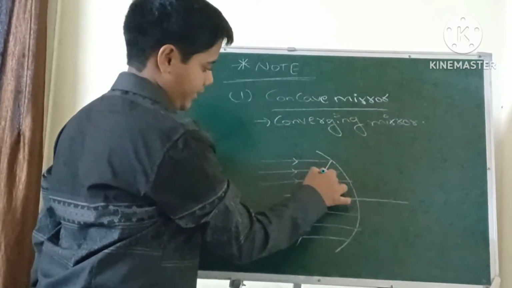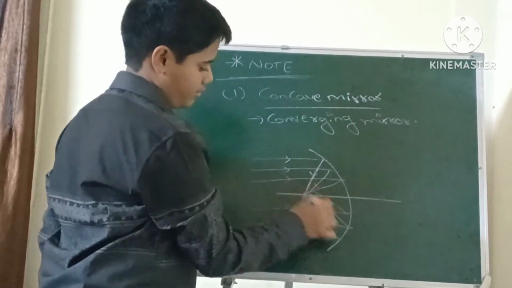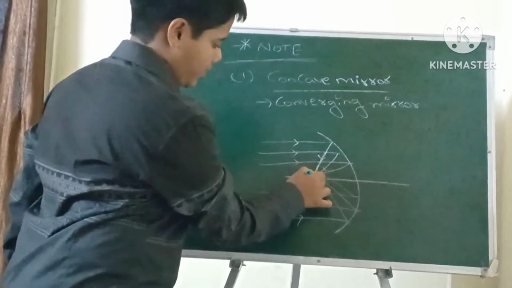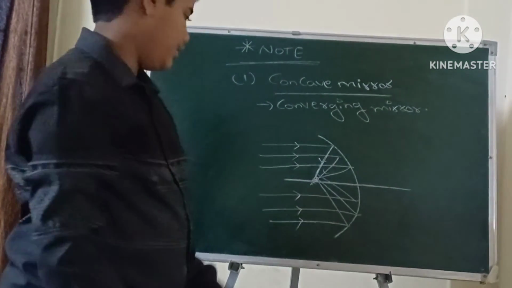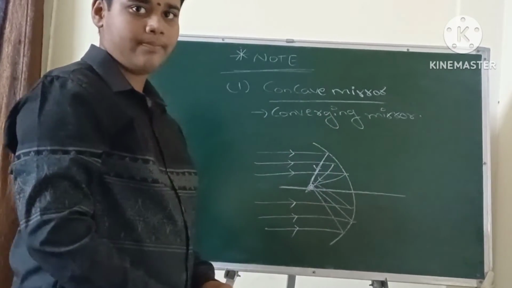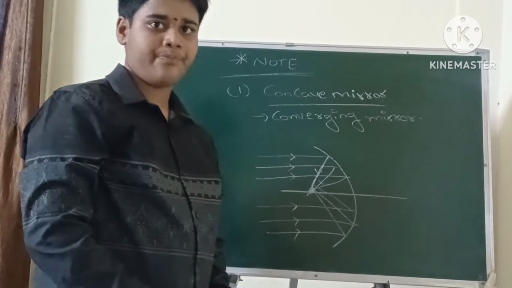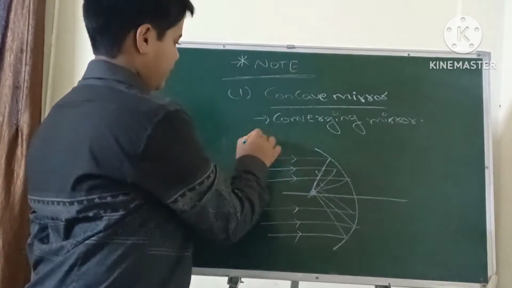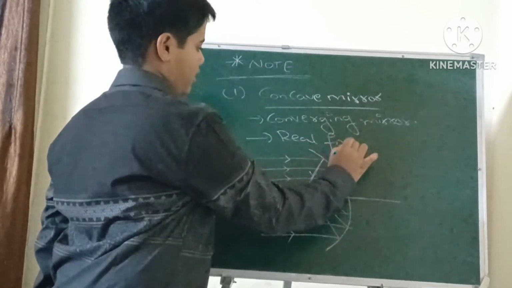All these reflected rays come to a point, and that is called the focus. All these reflected rays coming to a point means converging, so this mirror is also known as a converging mirror. In this it gives a real focus.